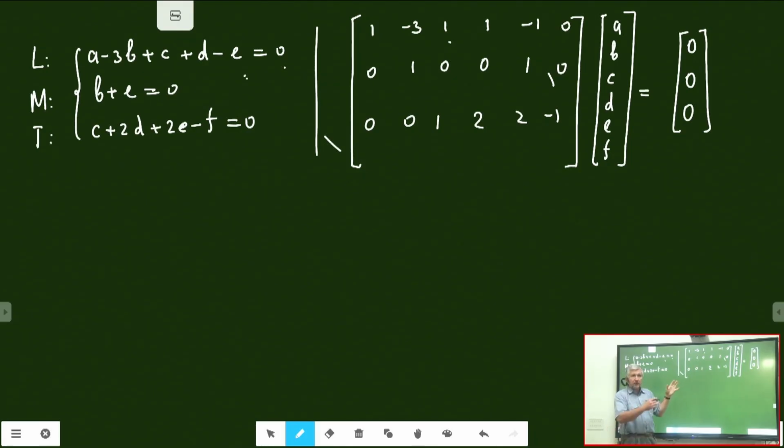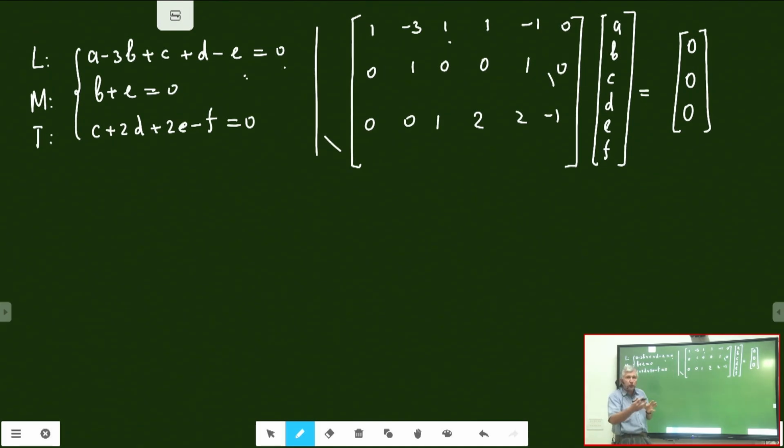Formally, it can be done in a way that is, I think, easy to remember. What we need to do is to cut out the largest square matrix out of this full matrix. What do you think is the largest square matrix that we can inscribe into this big matrix? 3 by 3, right?